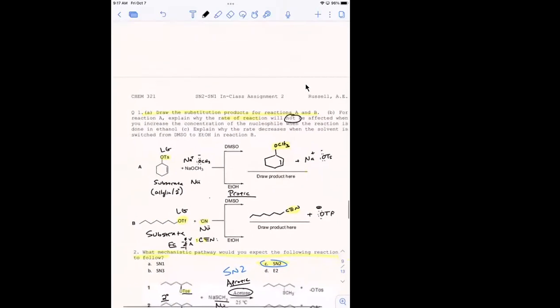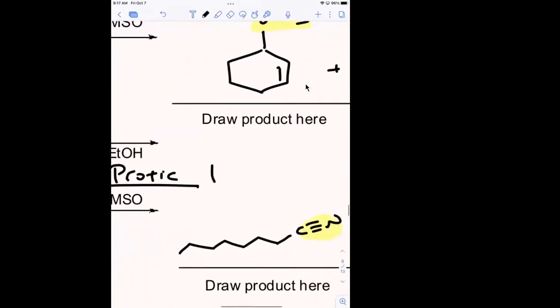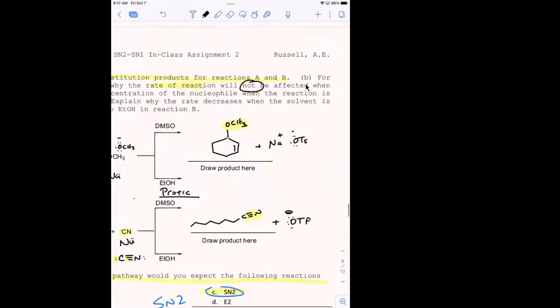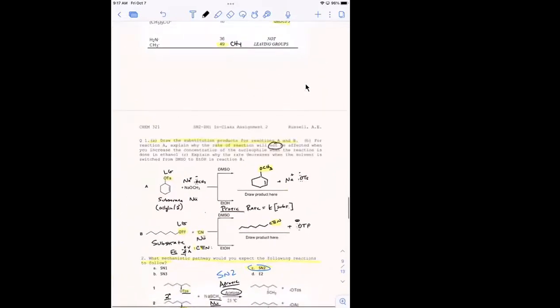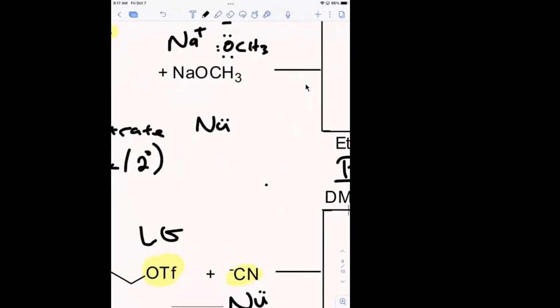Oh, right. The rate law is just the concentration of the electrophile. Yes. Or we'll call it the substrate, right? So if it's a secondary, it can go either way. It can do SN1 or SN2.